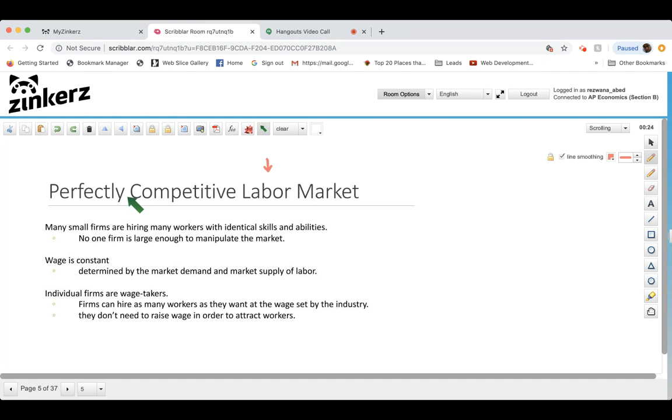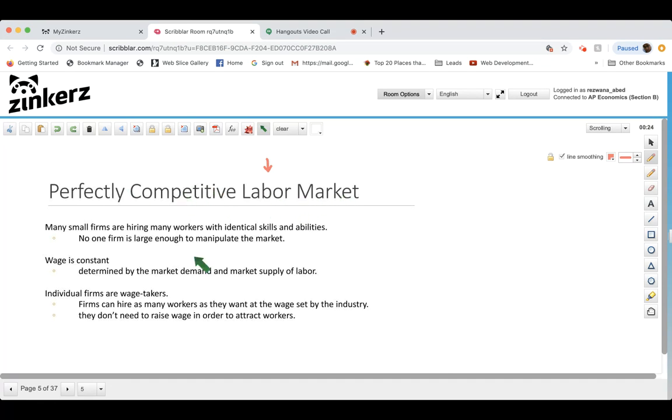We start with the perfectly competitive labor market, but later on we're also going to take a look at labor markets that might not be perfectly competitive, that might have imperfect competition. Okay, so what are some characteristics or assumptions that we make about this perfectly competitive labor market?